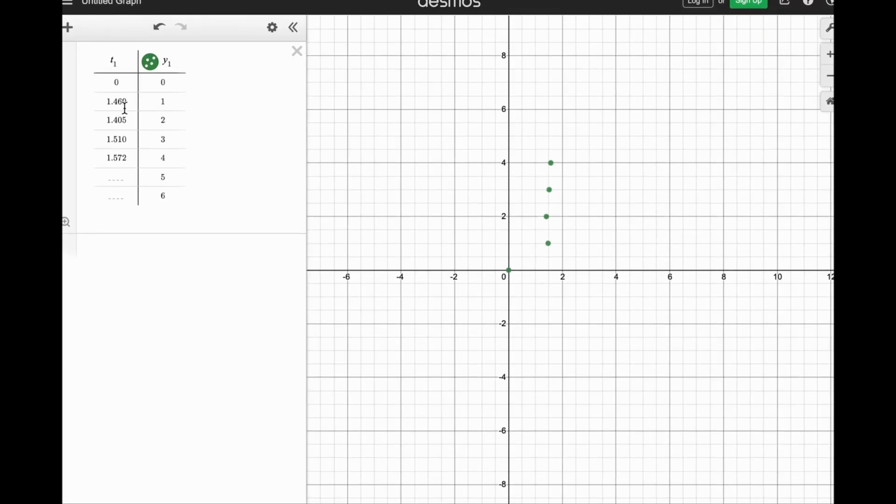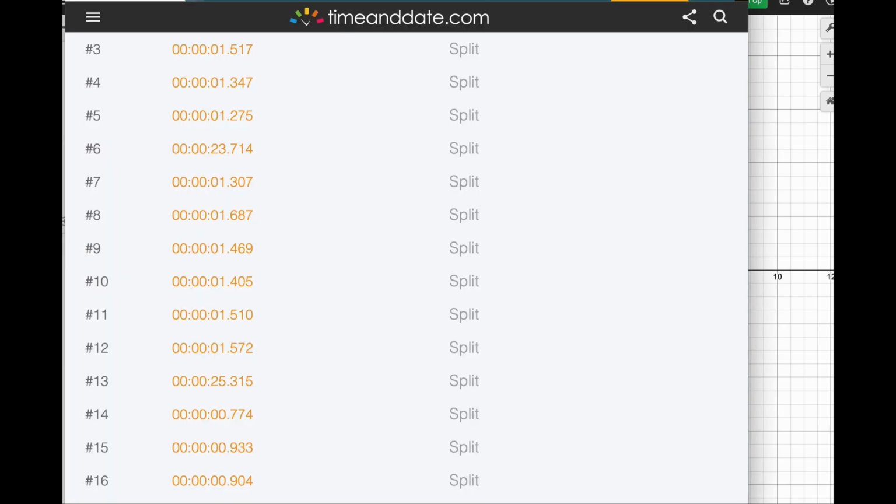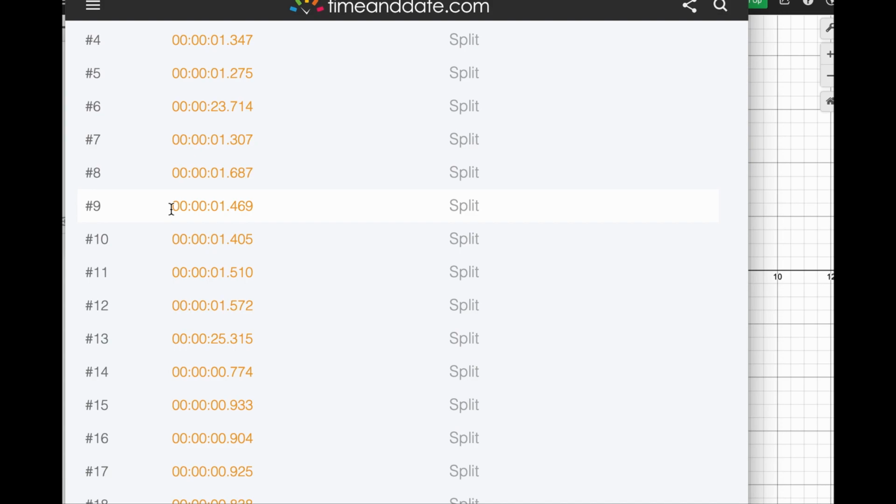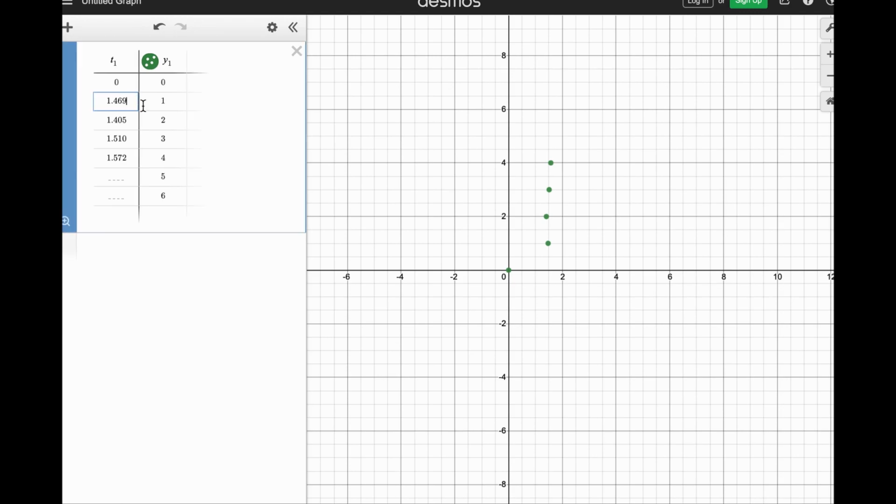Alright, so when I put my data in, these splits right here are what I put in, so I have to add them to get an elapsed time, right? So right now it's like a delta t, so I have to change it into just t.